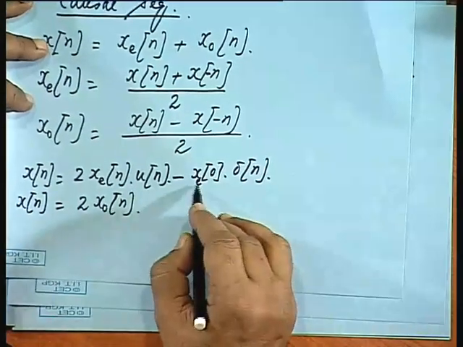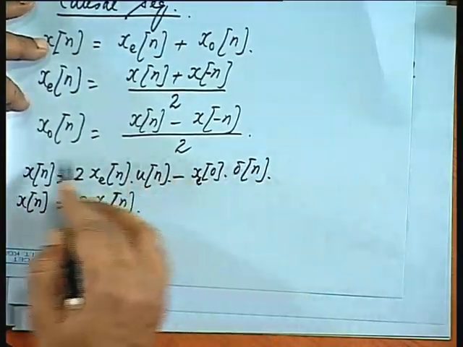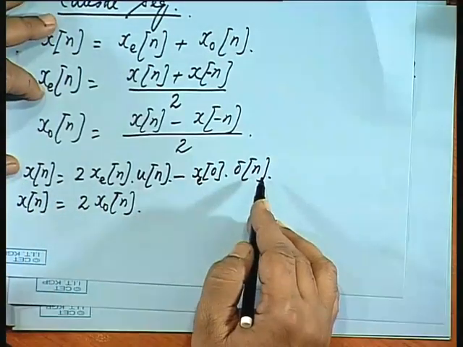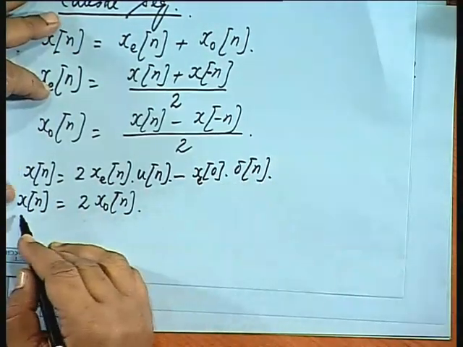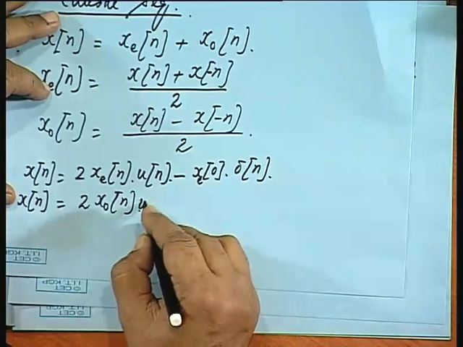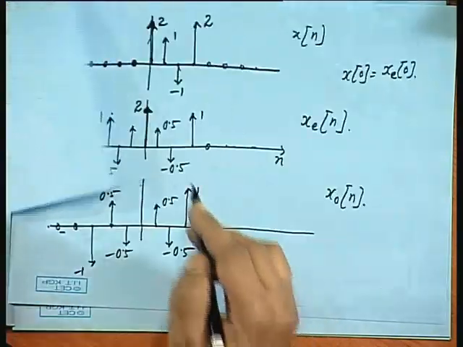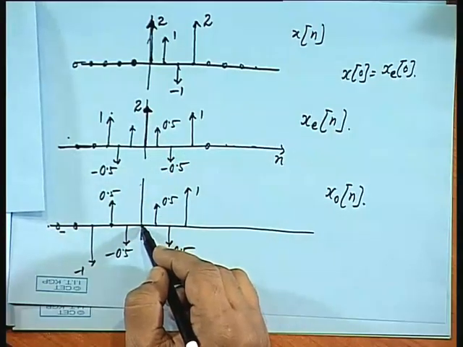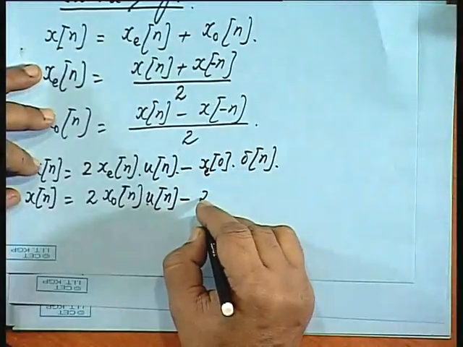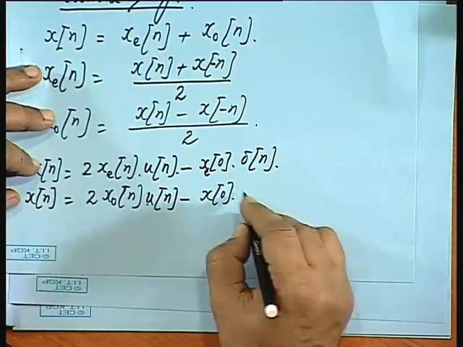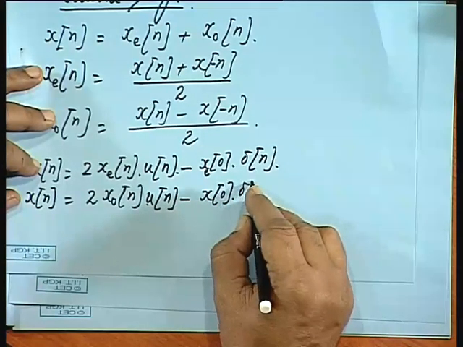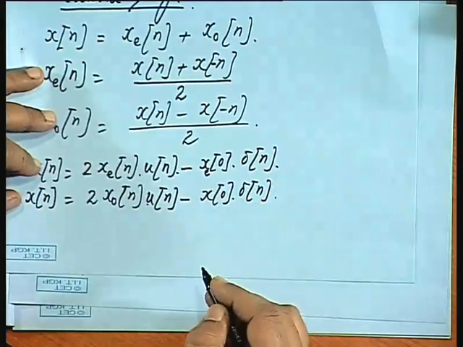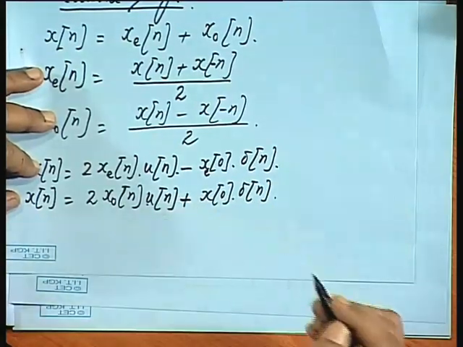That means, if x e is known, the complete information is given to you for realizing x n, whereas for odd functions the first value is missing, because I do not have any knowledge about the first value from the odd function. So, here minus x 0 into delta n, it should be plus, all right.